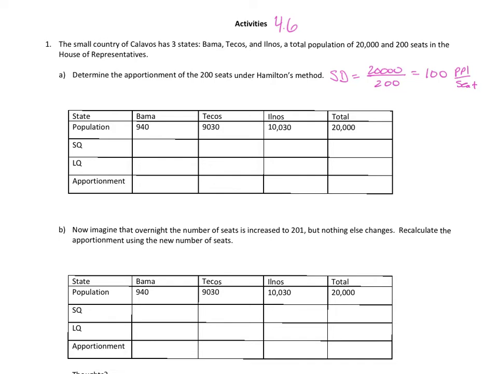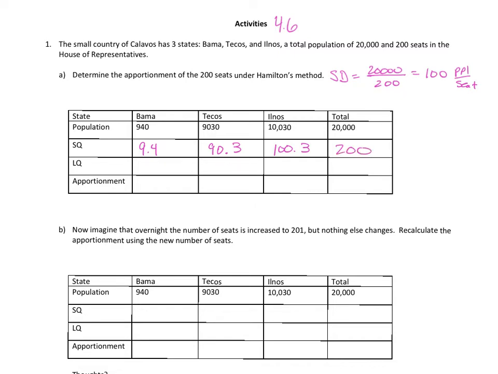So 940 divided by 100 is 9.4. Then 90.3, 100.3, and that should add up to exactly 200 seats.